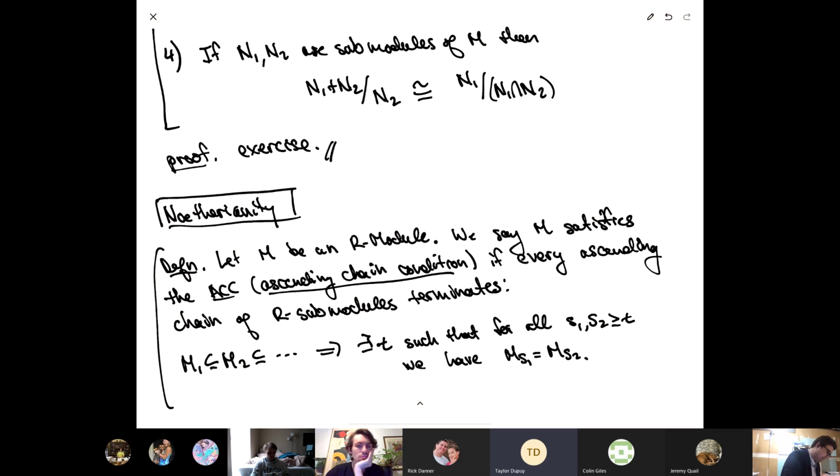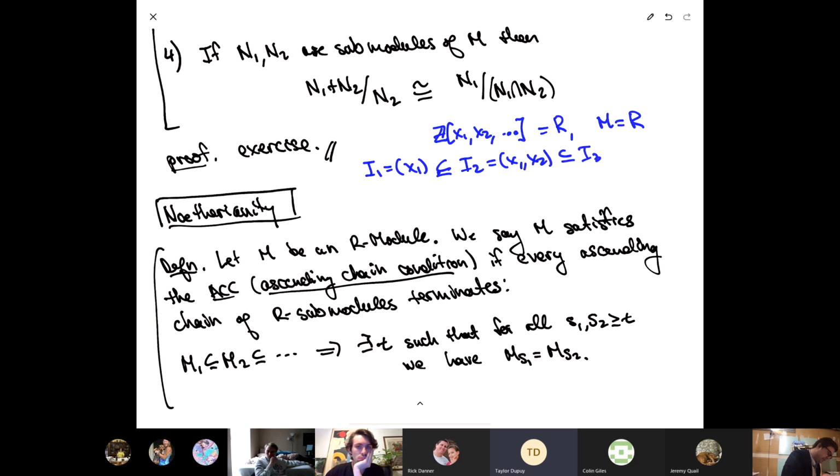So the common non-Noetherian example is you take Z of x1, x2 in infinitely many variables, and we just don't stop. This is R, and in this case we'll let M equal R as well. Then you take I1 equal to (x1), contained in I2 equal to (x1, x2), contained in I3 equal to (x1, x2, x3), and you just keep going.